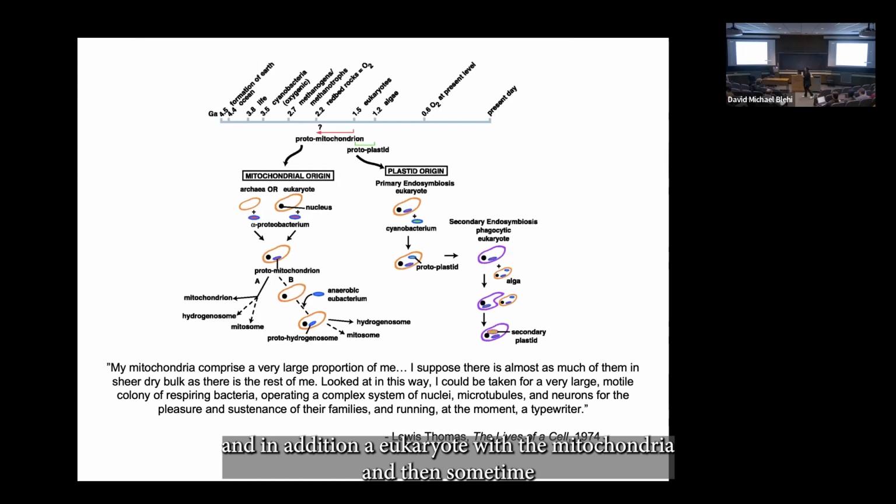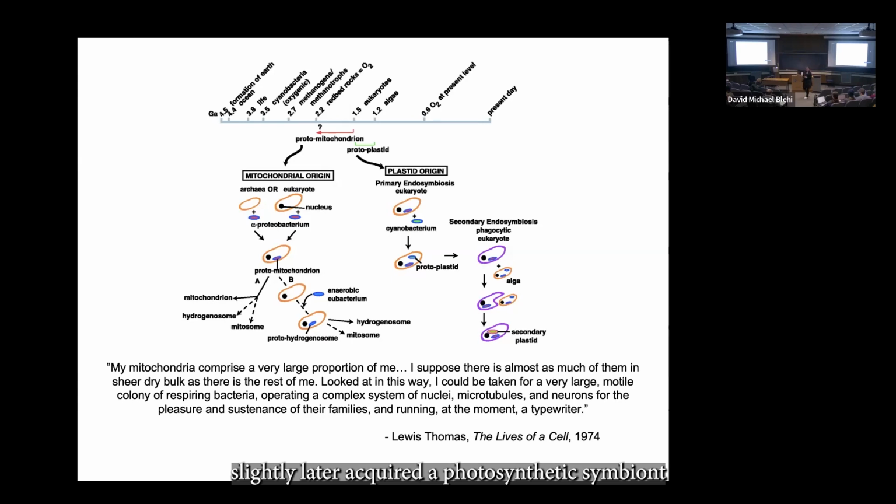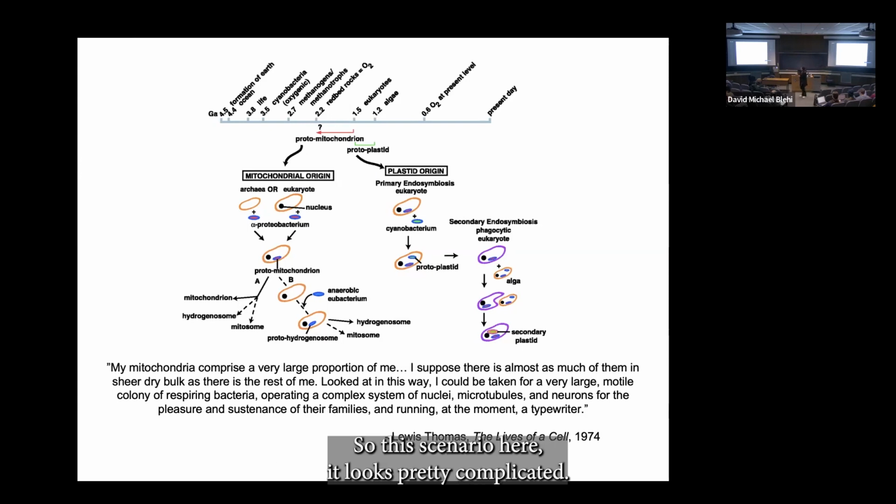And in addition, a eukaryote with the mitochondrion then, sometime slightly later, acquired a photosynthetic symbiont that was derived from a cyanobacterium. So this scenario looks pretty complicated, and it actually is, because these are not singular events. These are events which may have happened many times, and it's difficult to sort that out because it happened so long ago.